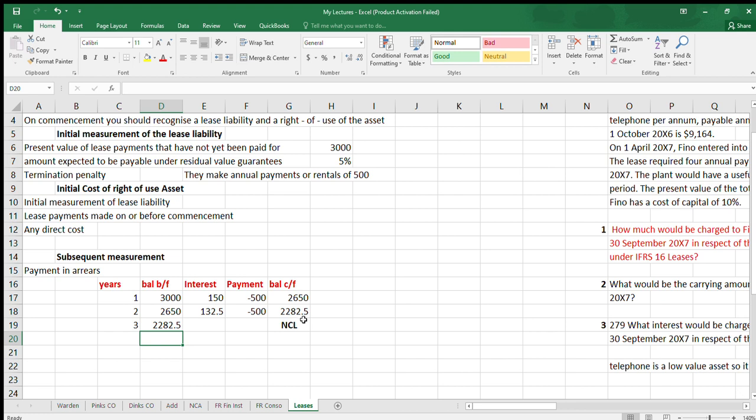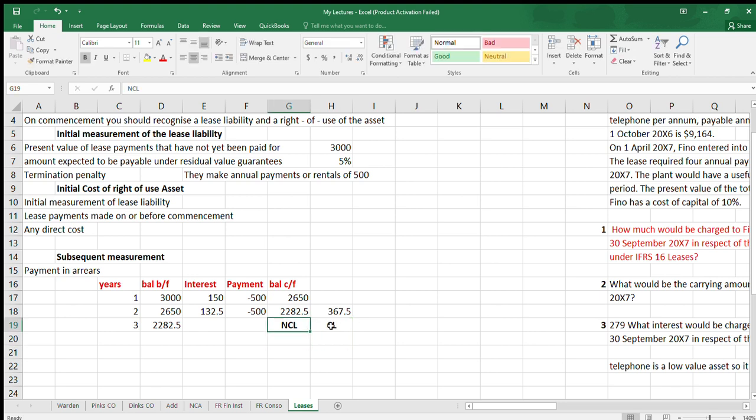So the current liability is from year 1 to year 2, that is 1 year. Remember, current liabilities are liabilities within a year. So this year 1 figure minus the year 2 figure will give you the current liability for that 1 year period.